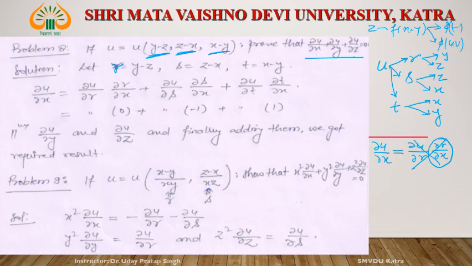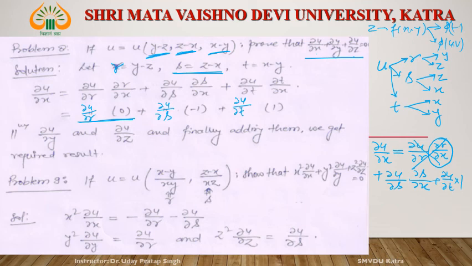That's why we have written here del u by del r multiplied by 0 plus del u by del s into del s by del x. Del s by del x is minus 1, means del u by del s into minus 1, plus del u by del t into del t by del x, that is 1, right?